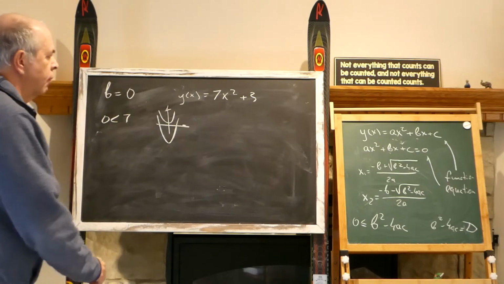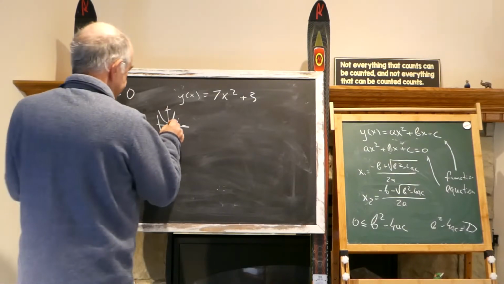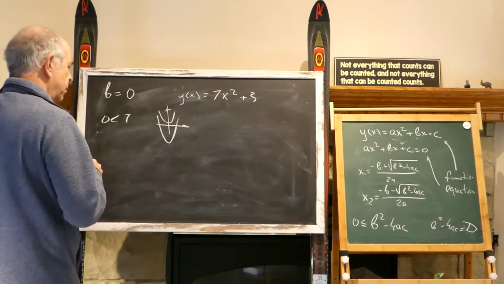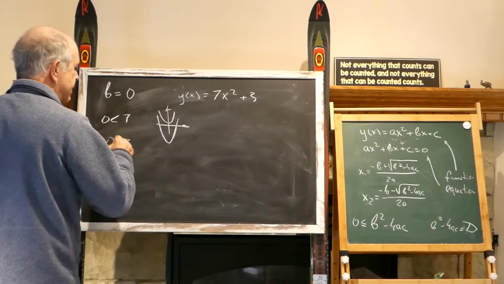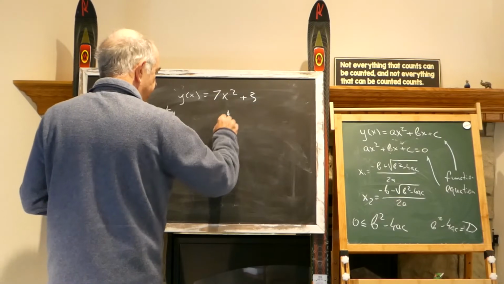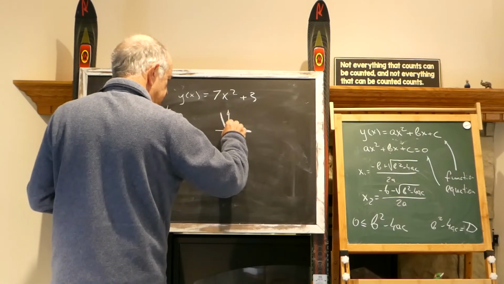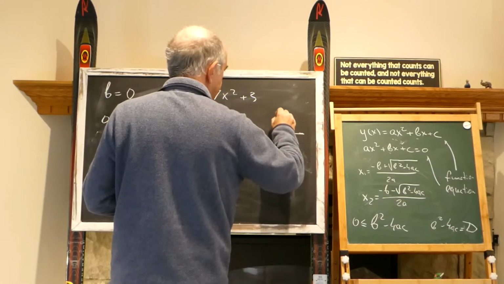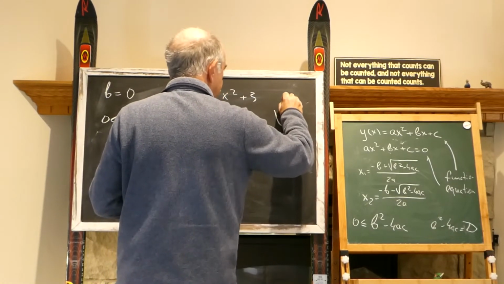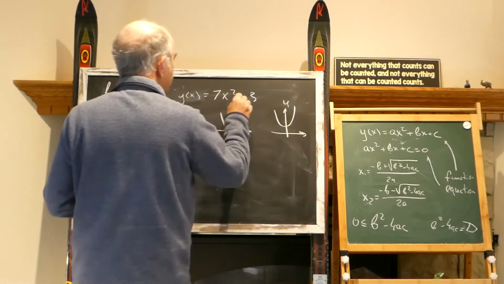Something like this. What we don't know is whether it will be this or this, but this is very simple, because 3 is greater than 0. So we start with a very simple parabola without c, and then we move it up. If we move it up, this would be our final result. Final result for this function.